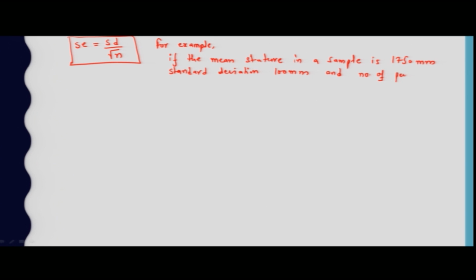For example, if the mean stature, meaning any height or any length, mean height in a sample is 1750 mm, let us say, and standard deviation is 100 mm, and the number of people measured is 100.